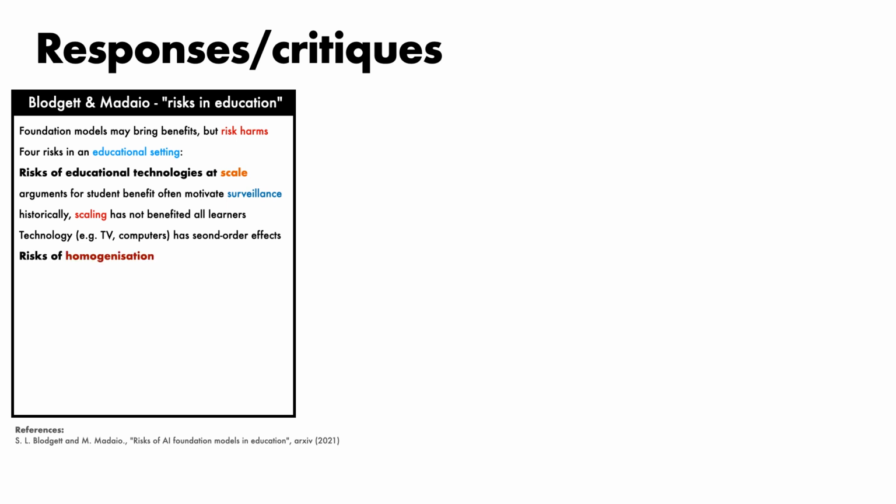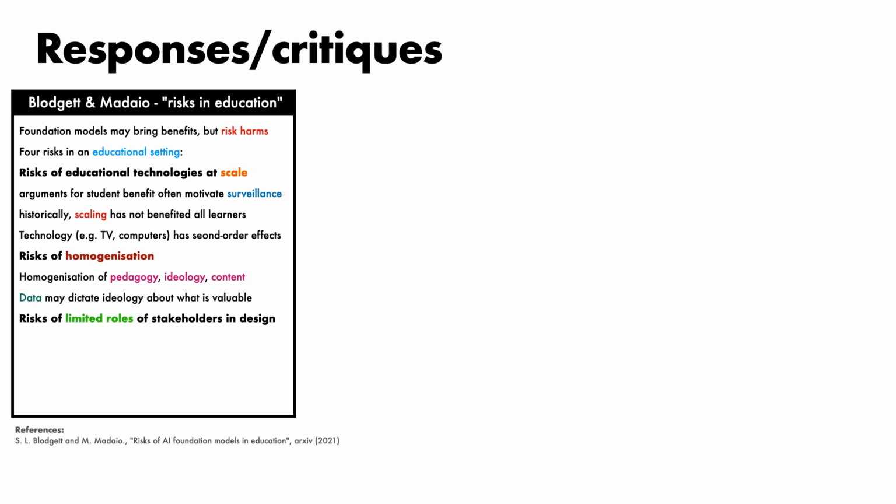Second, there are risks of homogenization from foundation models. The use of these models may lead to homogenization of pedagogical practices, ideologies about learning, and educational content, potentially in a way that strongly entrenches the status quo. A key issue here is the role of training data, the vast text corpora that are used to produce these models, which have many issues, and may, for example, reproduce ideologies about what is valuable for students to know.